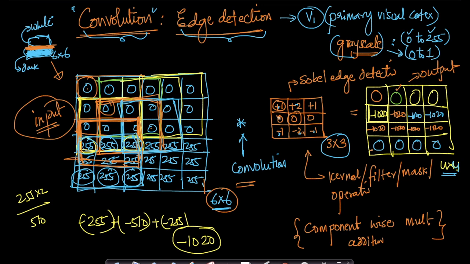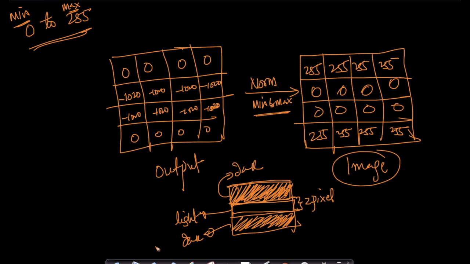If you apply Sobel edge detector, what you're going to get is, if your image has a horizontal edge like this, it will result in an output image, of course of a smaller size, where there will be 2 horizontal lines, fully white lines, corresponding to the place where you have an edge. And everywhere where you don't have an edge, you will get dark region. Right? So this is for horizontal edge.